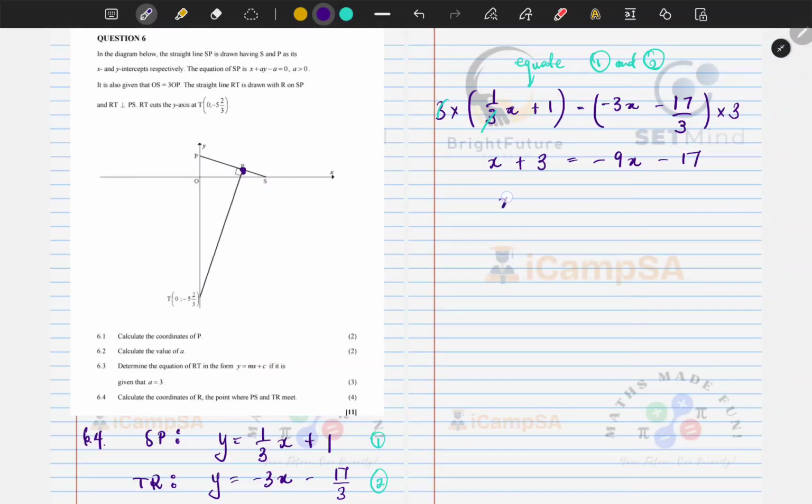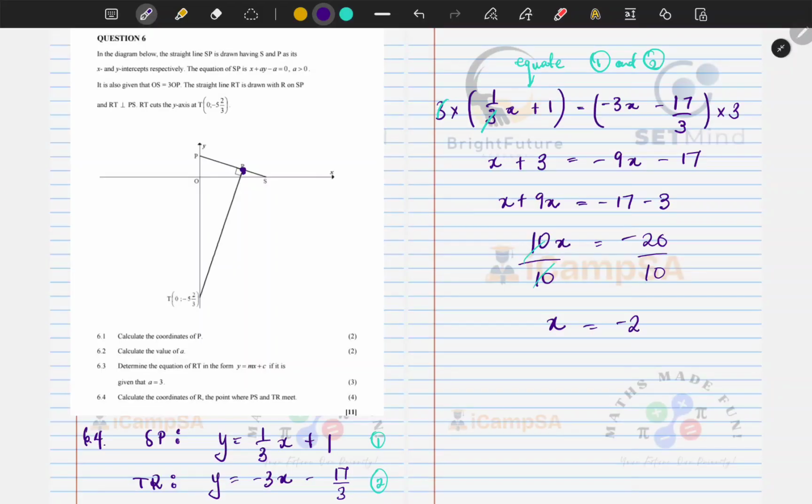So now you have x plus 9x is equal to negative 17 minus 3. So this is going to be 10x, and negative 17 minus 3 is minus 20, divided by 10 both sides, and then this and that will cancel, and then you will have x is equal to negative 2.